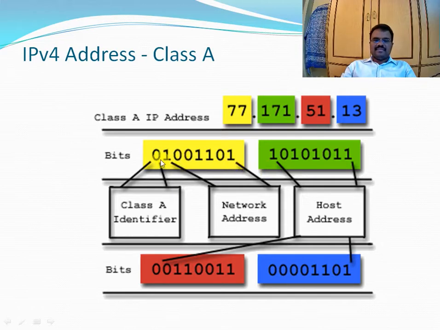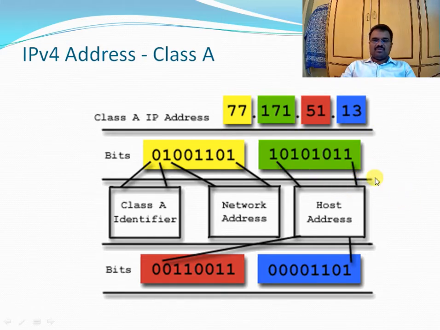In this, the first bit is the class A identifier, and these 7 bits, 1001101, are used to identify the network address. The remaining 24 bits, 8 bits here, 8 bits here and 8 bits here, are all used to identify the host address. So 77 identifies the network address, and 171.51.13 identifies the host address.